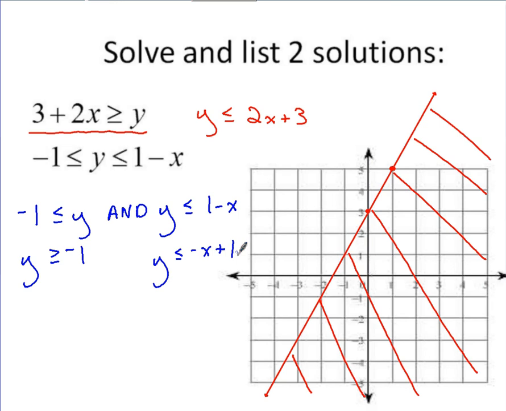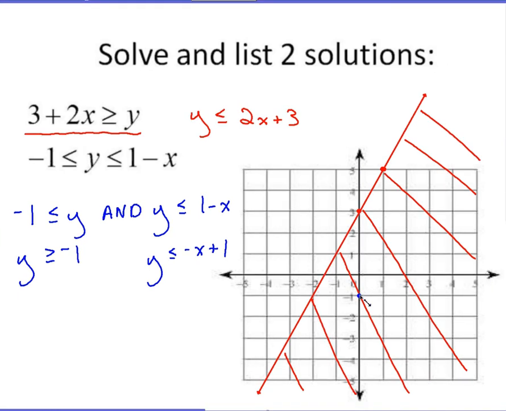So if I graph those two, starting with y is greater than or equal to -1. Well, greater than or equal to -1 is going to be a horizontal line passing through the y-axis at -1. Put that line in. Oops, let me change that.